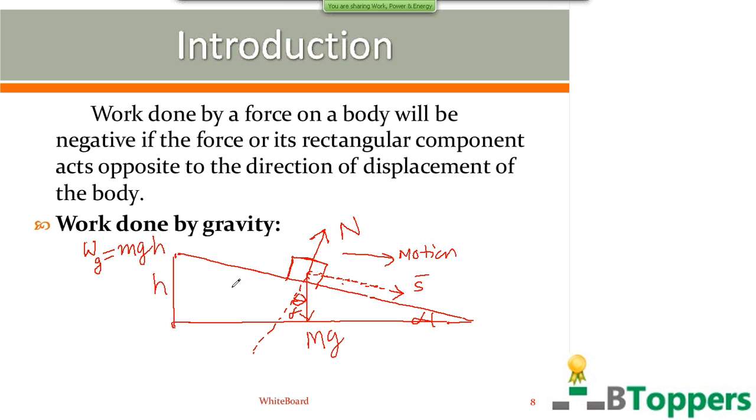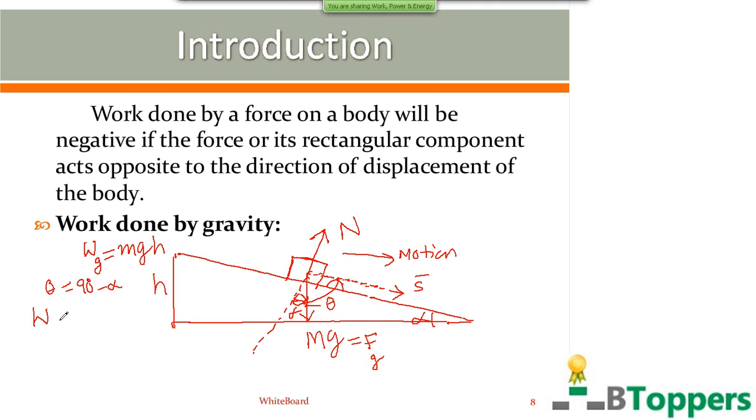So in this case, the angle theta between the direction of the gravitational force on the body and the direction of displacement will be 90 degrees minus alpha.